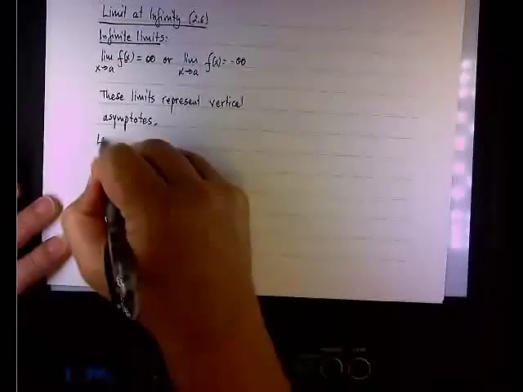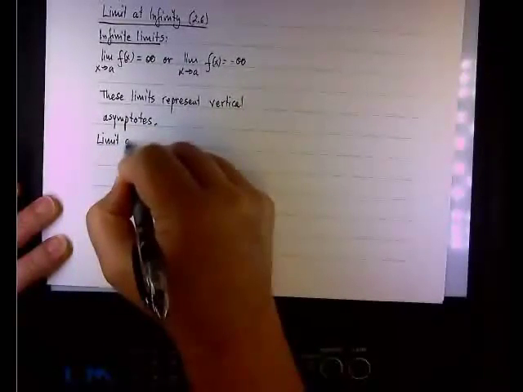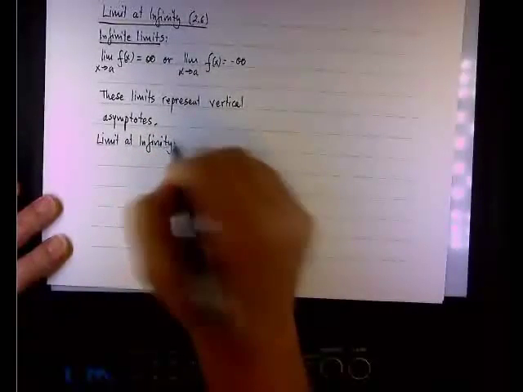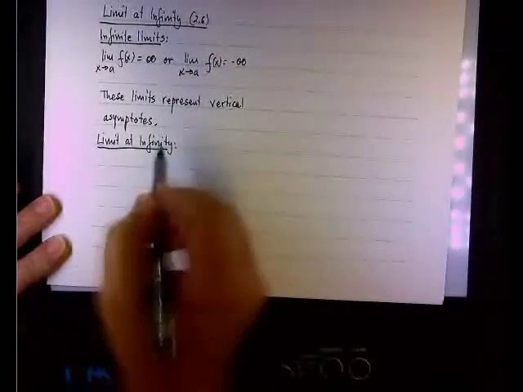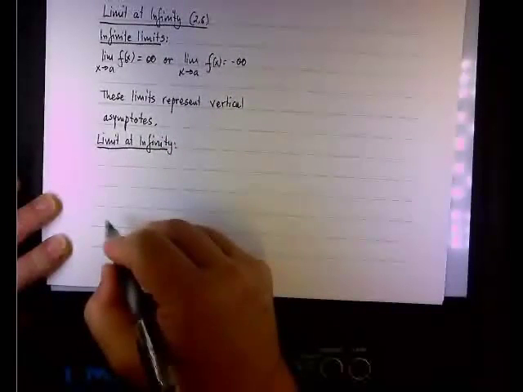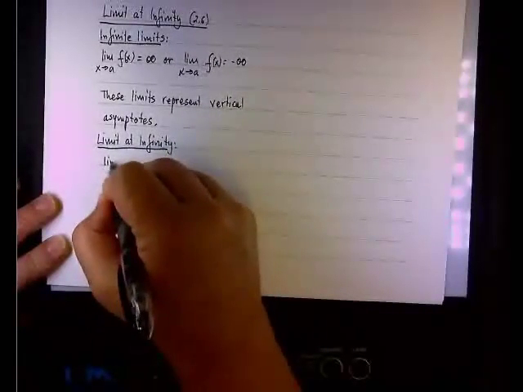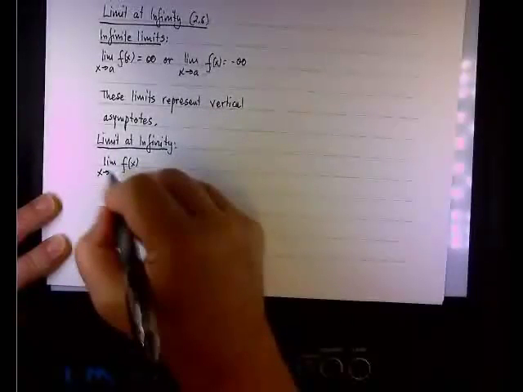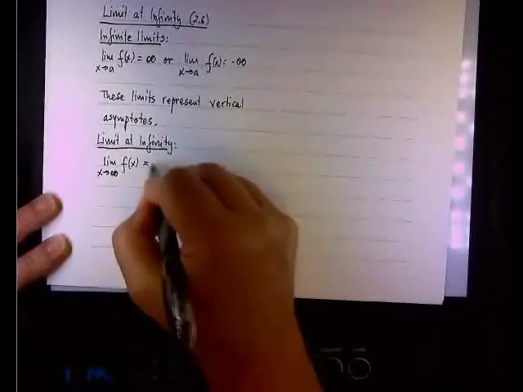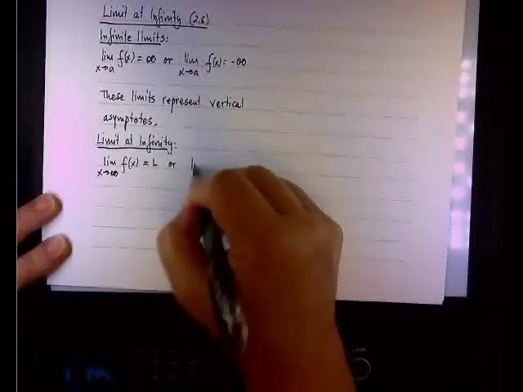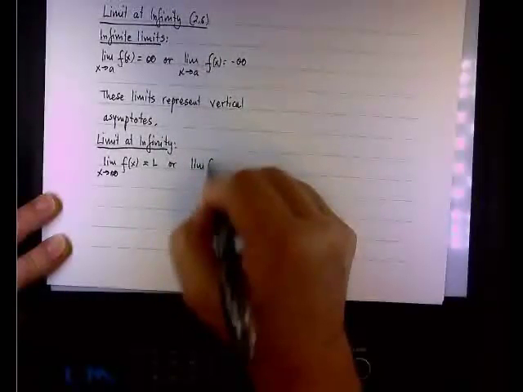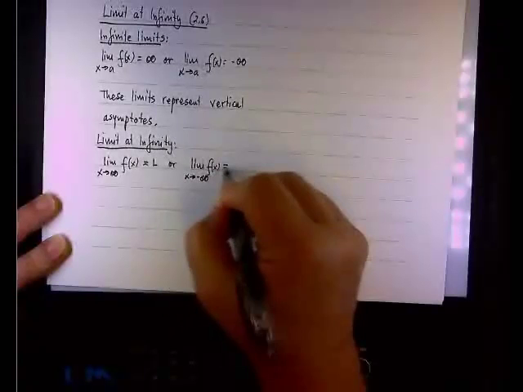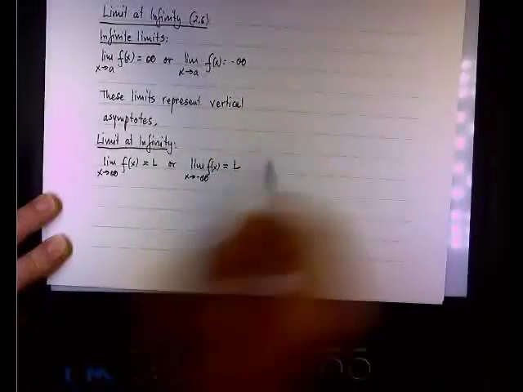Well, the difference is the following. Those are limits that behave like this: the limit of f of x when x approaches infinity equals L, or the limit of f of x when x approaches negative infinity equals L. Okay?